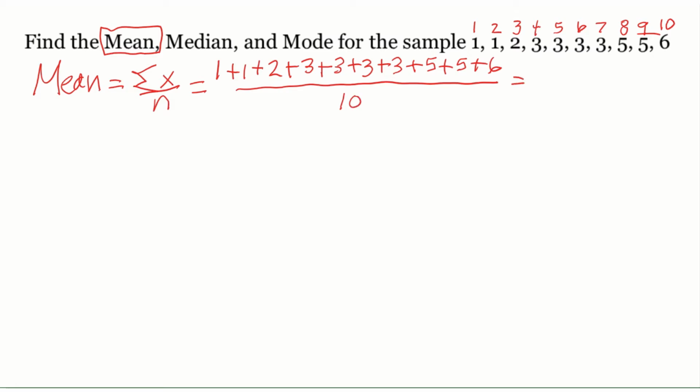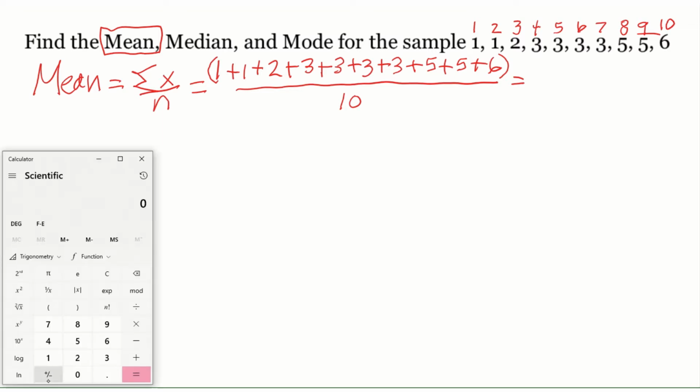So now I'm going to plug this into my scientific calculator. You want to remember, if you're using a calculator to add everything, you want to put parentheses around all of the terms of the numerator before you divide by the denominator. So let's go ahead and plug that into our calculator.